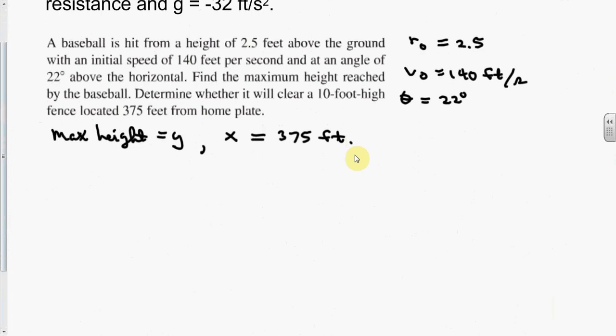All righty. So let's see. So what we have here is, if we look at the image of this, this theta here is the 22 degrees.